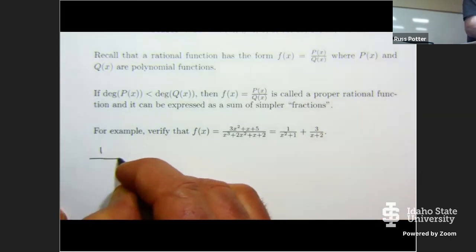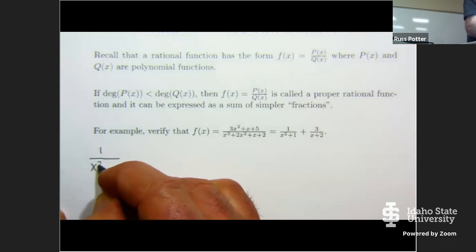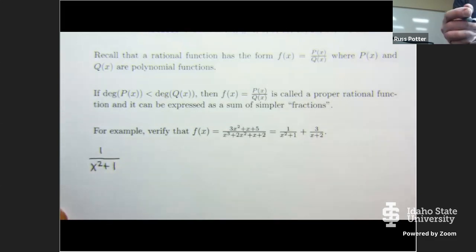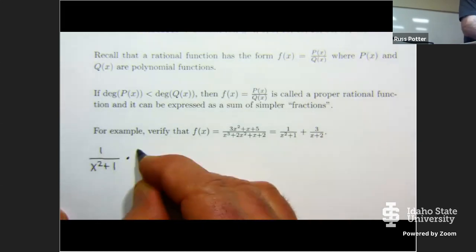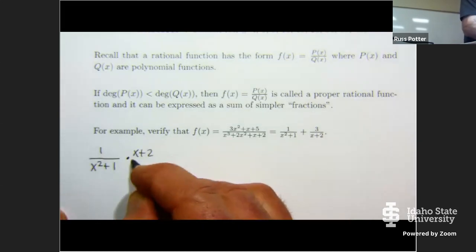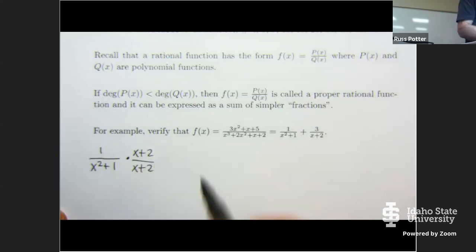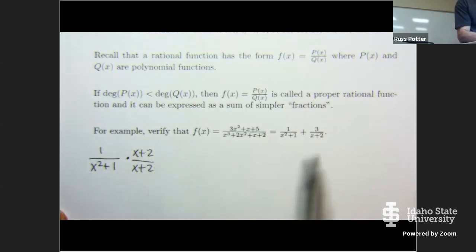So for the fraction 1 over x squared plus 1, I'm going to multiply that fraction by 1 in the form x plus 2 over x plus 2. I'm choosing x plus 2 over x plus 2 because the other denominator is x plus 2.